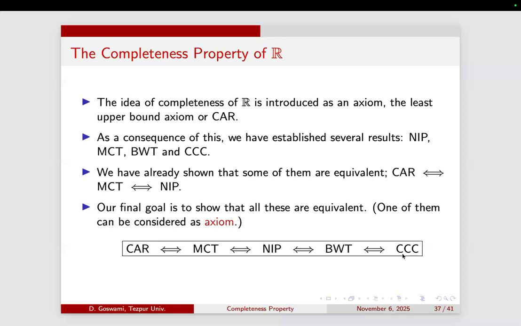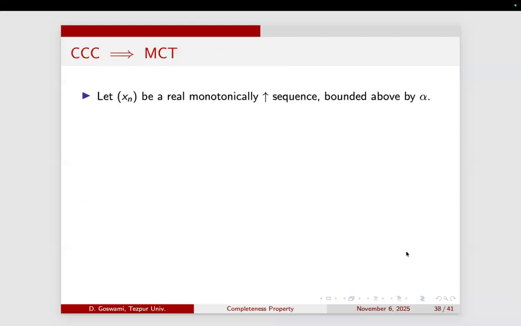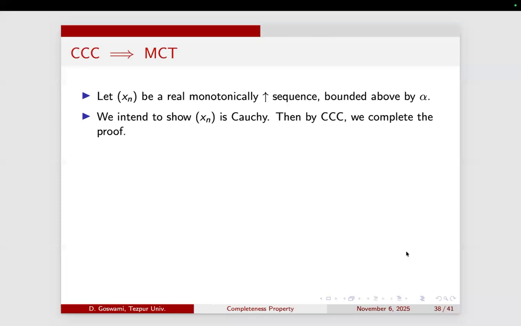So one of them can be chosen as an axiom, and all the others can be proved. But in order to do that, I have to show that it implies MCT. So I need to show that MCT is true by means of the Cauchy criterion.